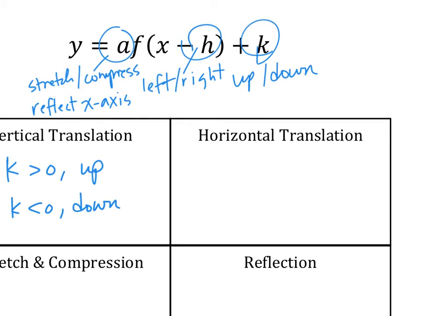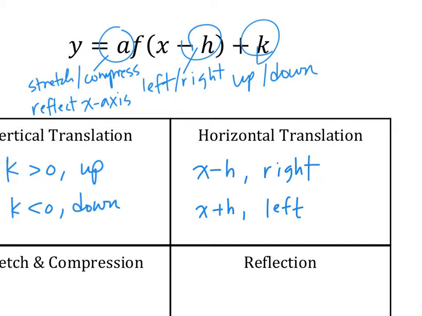Horizontal translation, that is the tricky one. So when you have x minus h, you're actually going to go to the right. When you see a minus, naturally you think negative, but we're actually going to go to the right. And if you have x plus h, you're going to go to the left. That's a great question.